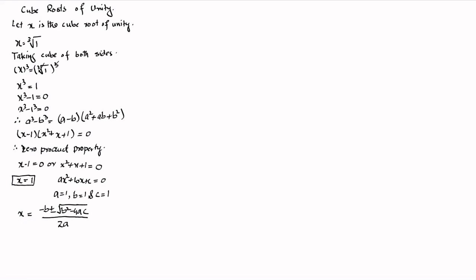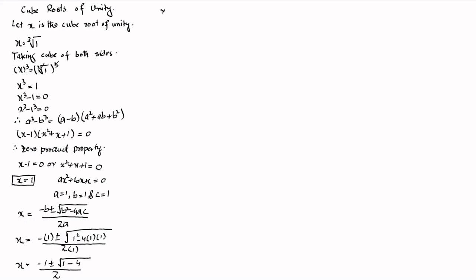Now insert the values of a, b and c, so x is equal to minus 1 plus minus square root 1 square minus 4 times 1 times 1 divided by 2 times 1. So x is equal to minus 1 plus minus square root 1 square is 1, 4 multiplied with 1 multiplied with 1 is 4, divided by 2.